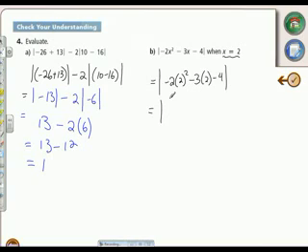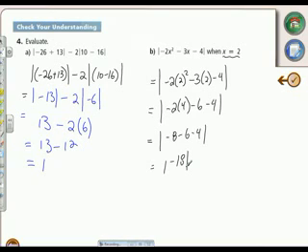You've got to do everything inside the absolute value first before you can use up the absolute value. Order of operations. Do what's in the brackets first. So negative 2 times 4 minus 6 minus 4, which is negative 8 minus 6 minus 4. We've got the absolute value of negative 18, which is 18.